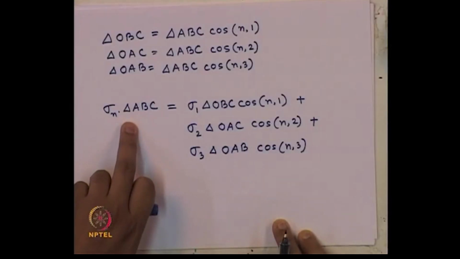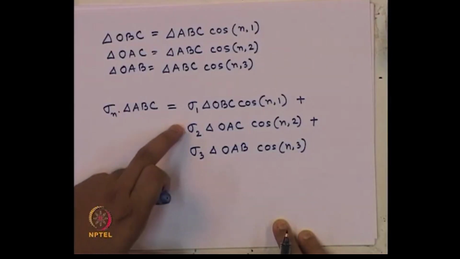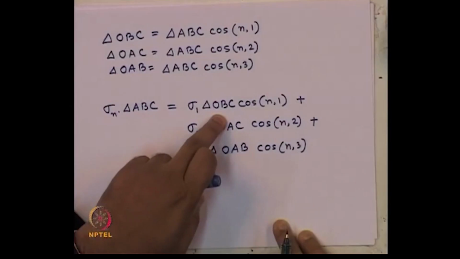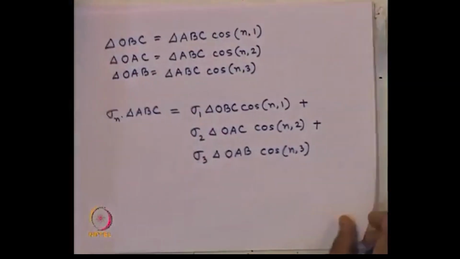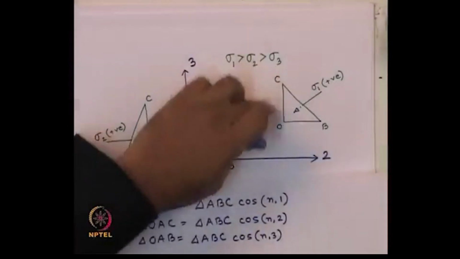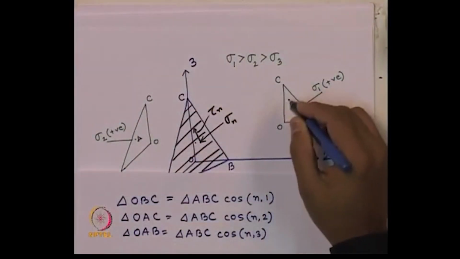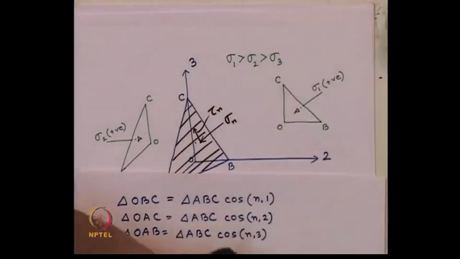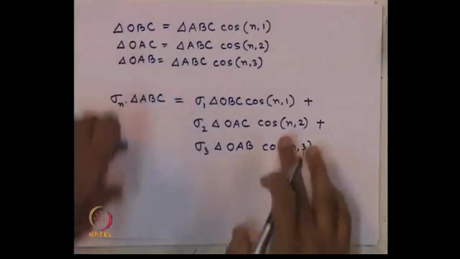Total normal force on the nth plane should be equal to this, that is, the component of the normal force we are having on plane OBC. So, on plane OBC we have total normal force sigma 1 times this area, then its projection on the nth plane, that is why cosine of n1.